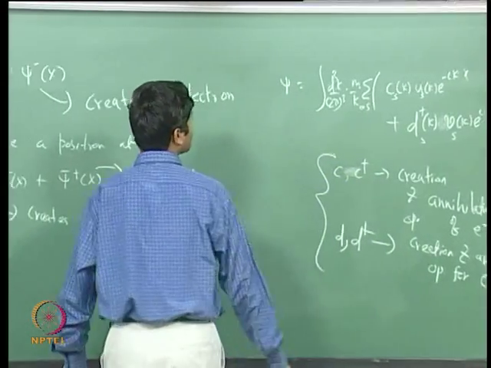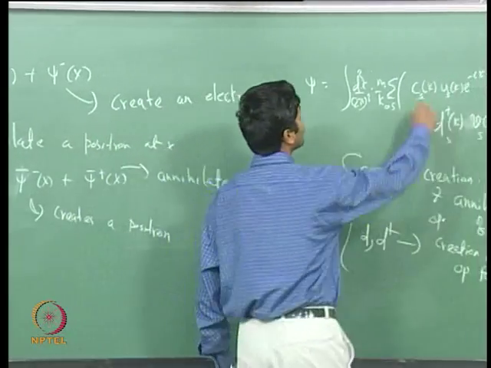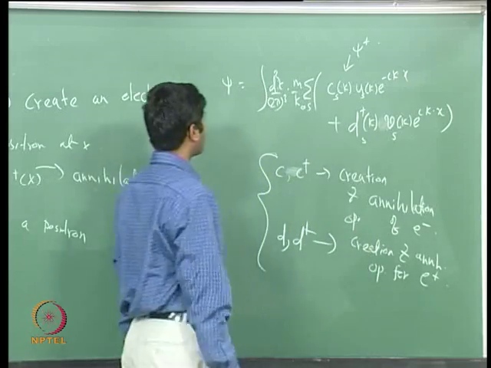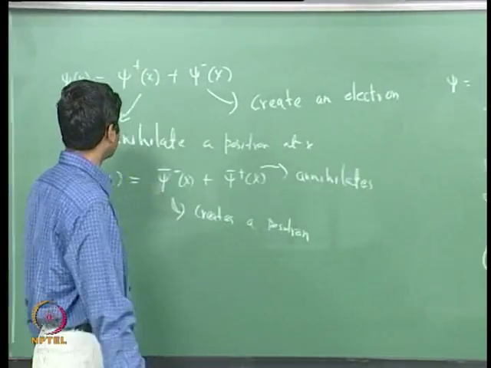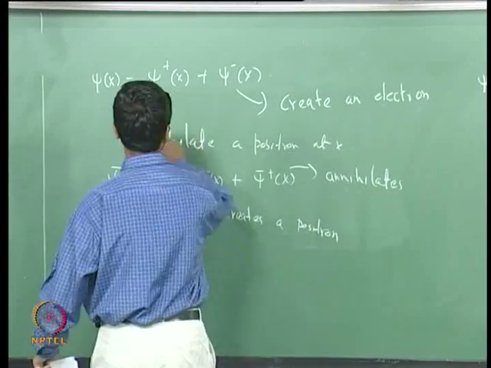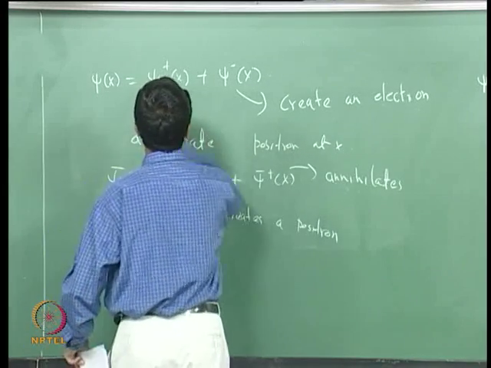Then the first term here is psi plus. So psi plus describes the annihilation of an electron, not a positron.